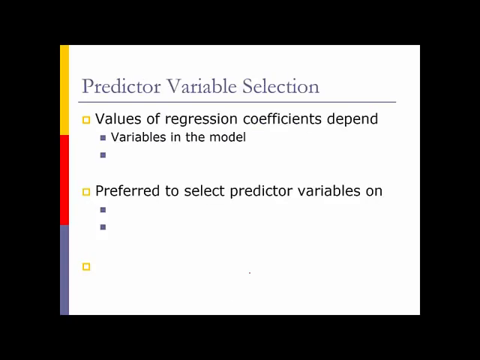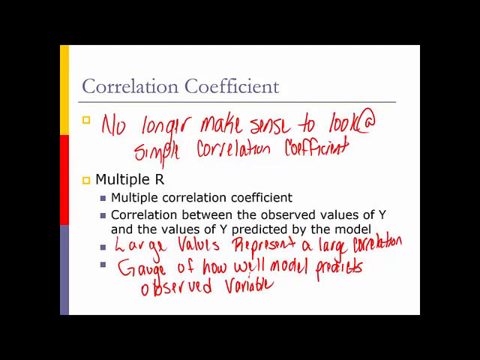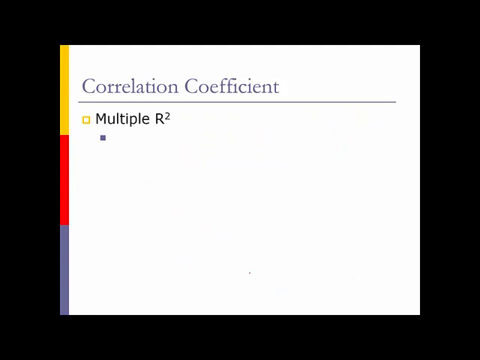Alright, sorry about that, I didn't mean to go that quickly. So that multiple R is very useful for us, very similar to the correlation that we talked about, as well as the simple regression. But what we really want to know is this multiple R squared, which is the exact same thing as it was before.